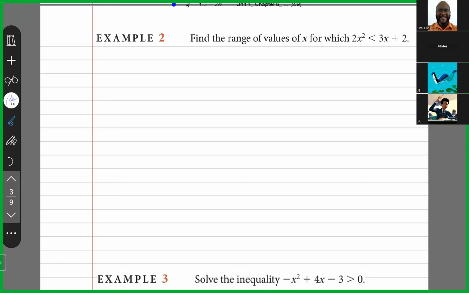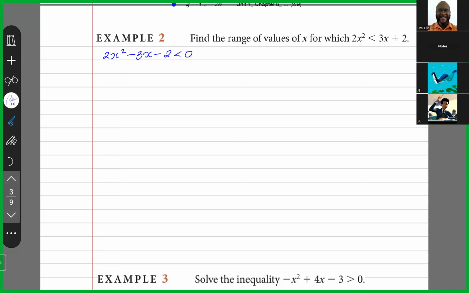Now, what I would do is make one side of this inequality 0. So it would be 2x squared minus 3x minus 2 is less than 0.